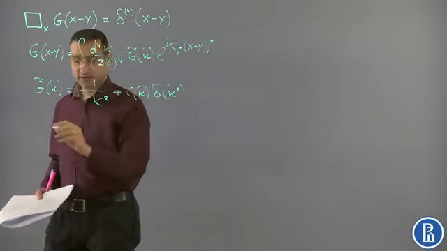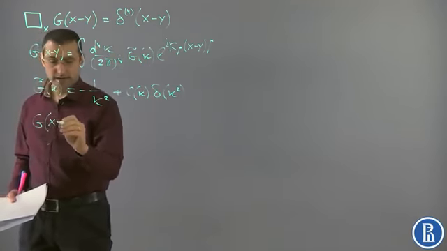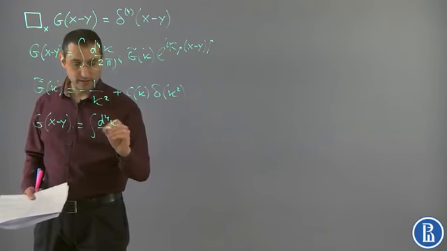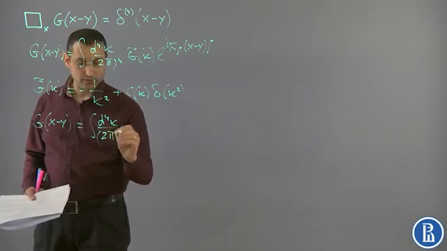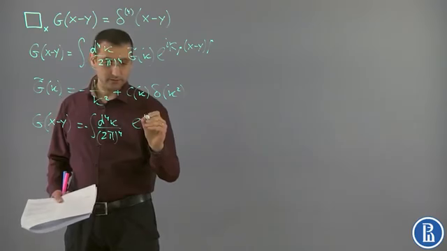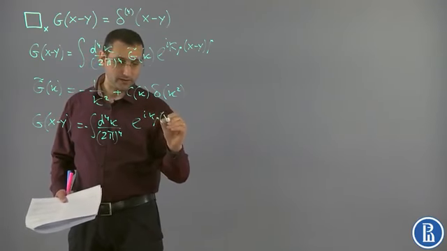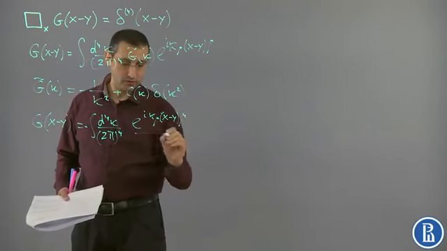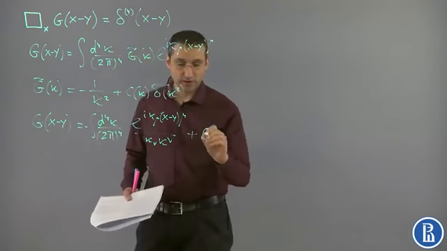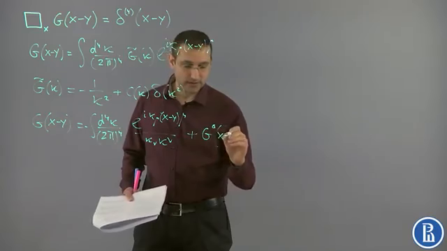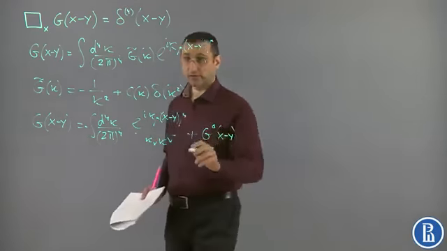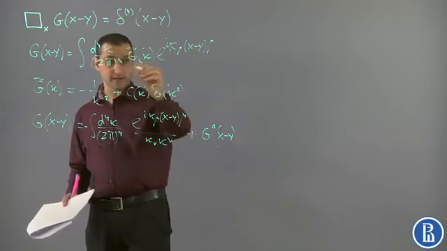And if we plug this here, we obtain that G(x minus y) is the integral over d^4k over (2 pi)^4 of minus e^(i k_mu (x minus y)^mu) over k_nu k^nu, which is k squared, plus G0 of (x minus y), where G0 is the same quantity where this guy stands here.